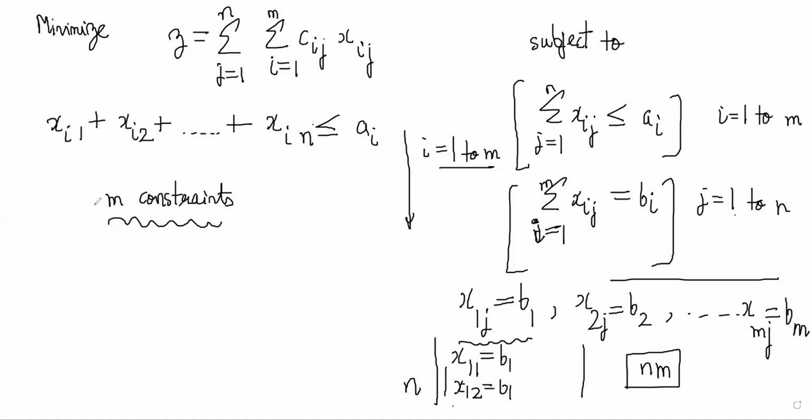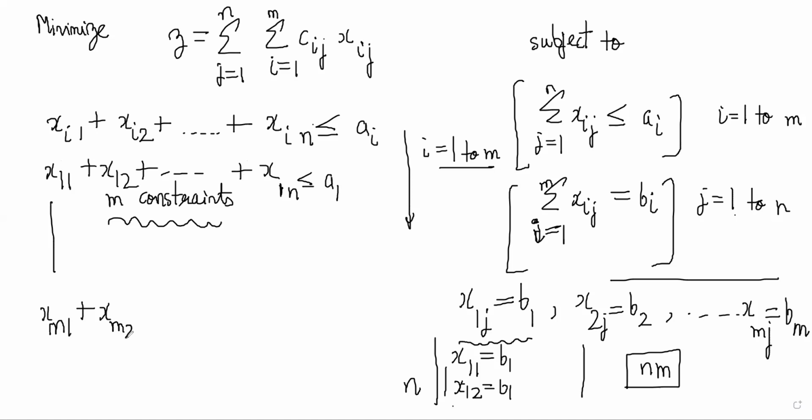Here also you have x11 plus x12 plus x1n less than or equal to a1, and this goes on to xm1 plus xm2 plus xmn less than or equal to am.